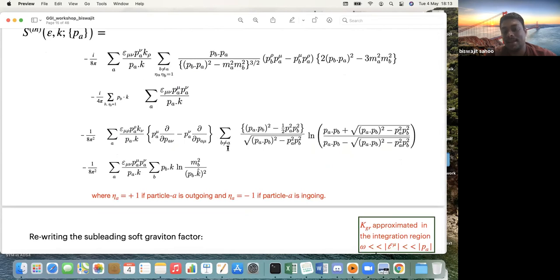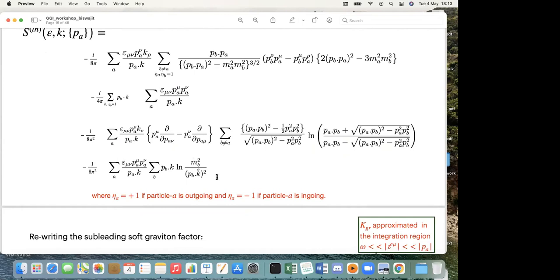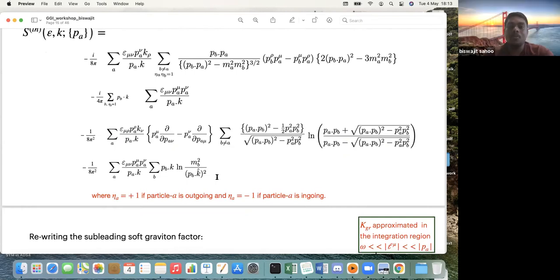But if the momentum transfer is small, or the energy of the gravitational radiation is low, then you can see that the first two terms are dominant relative to the last two terms. Oh, okay. So this goes with the long distance, or small momentum transfer limit. Yeah, in the low momentum transfer limit.